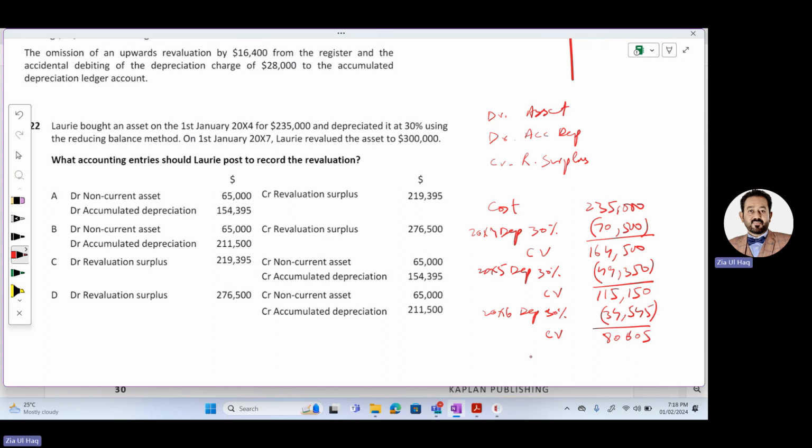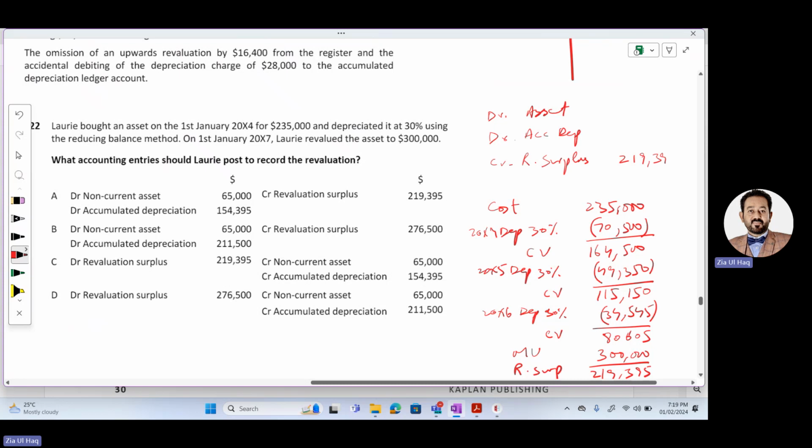So market value is what? 300,000. So what is the revaluation surplus? It is 219,395.